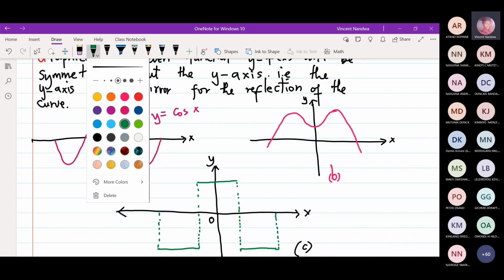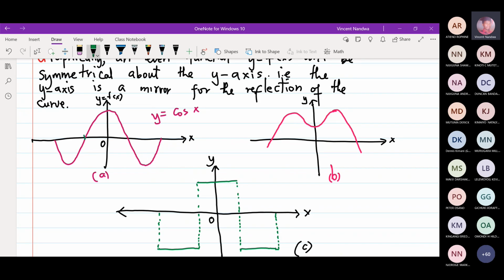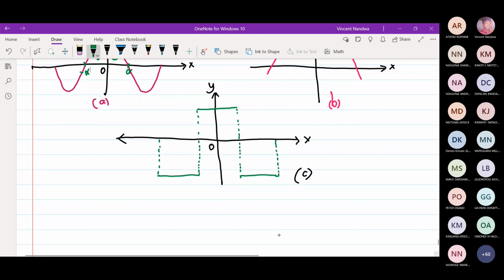For example, if this point is minus alpha and this point is alpha, integrating from minus alpha to alpha is the same as taking the integral from 0 to alpha and multiplying by 2, because this area and this area are the same.